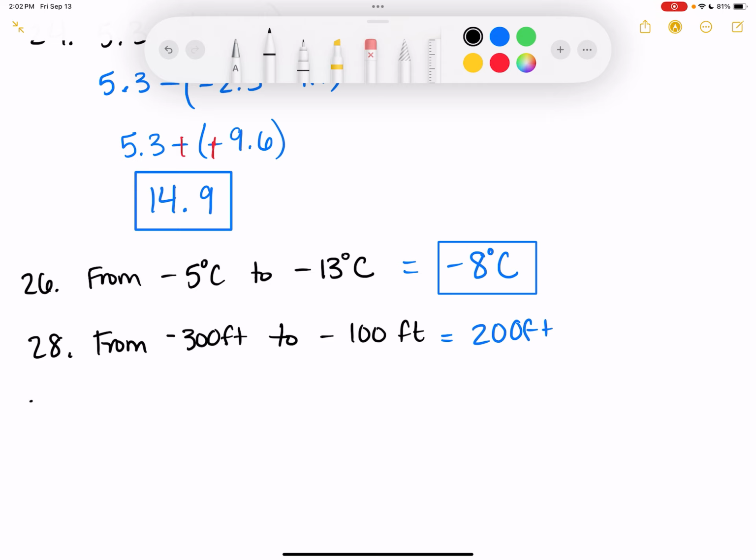Alright, one more of these. Number 30, from 4.8 degrees Fahrenheit to negative 12.6 degrees Fahrenheit. So this one is going from a positive number to a negative number. What is the temperature change here?